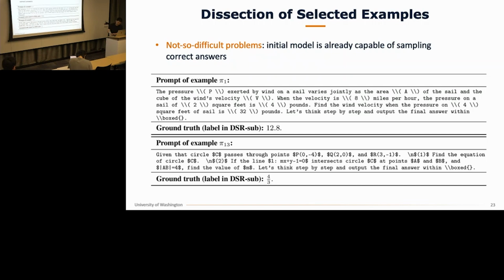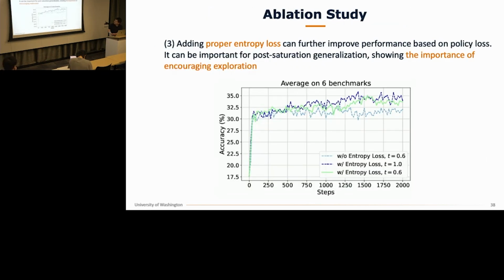I think we tried that. Let me see. I think I showed you one plot here. I think this is with different temperatures, if I remember correctly. Yeah, so you do observe a difference in the beginning. Actually, not really.